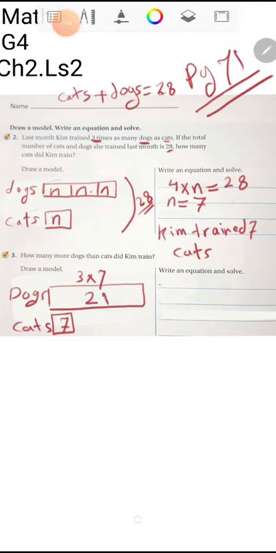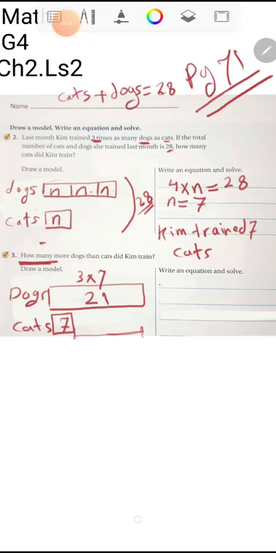This is the number of dogs. Now, what do I have to find? I have to find how many more. So I have to find the difference. How many more, I told you, is the difference between the number of cats and dogs. The difference means subtraction.